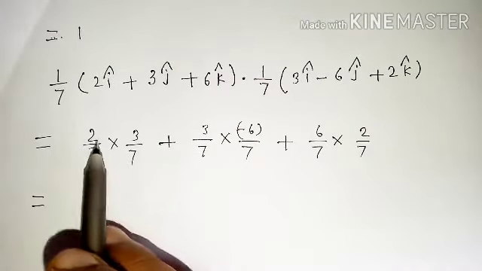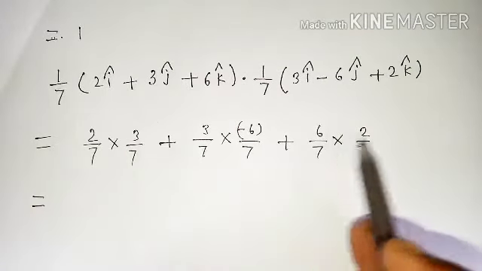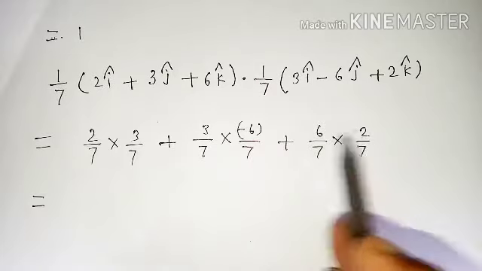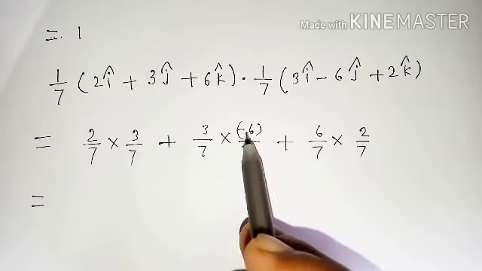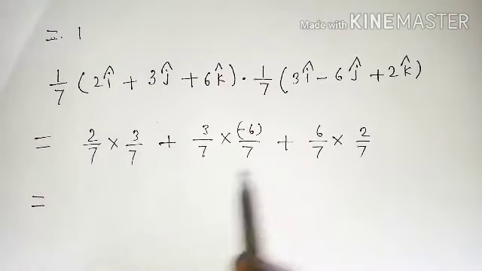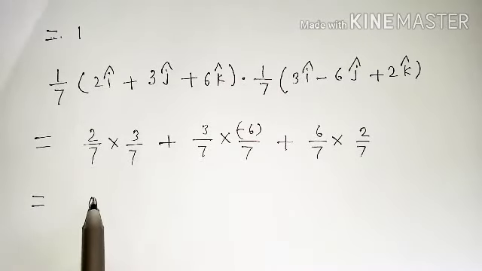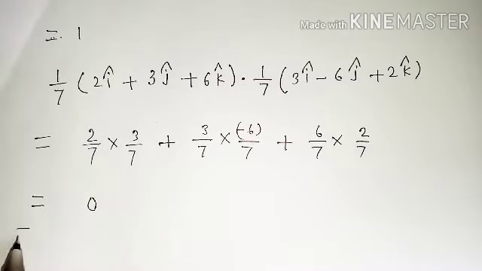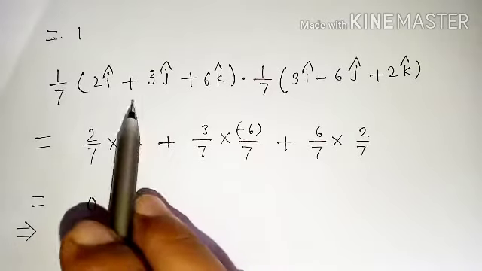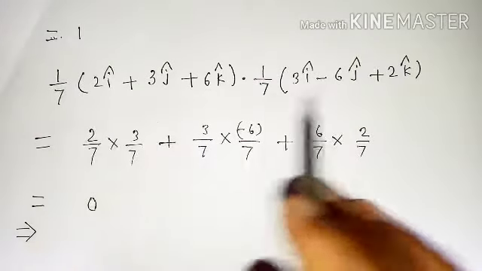So here we have 6, 12, 6 plus 12 is 18, here minus 18. So 18 minus 18 is 0, 0 by 49 is 0. This implies that here the dot product of the two vectors is 0.